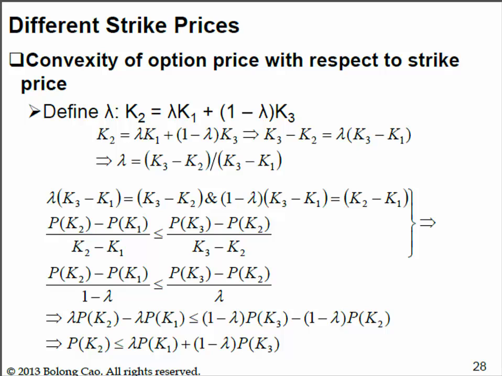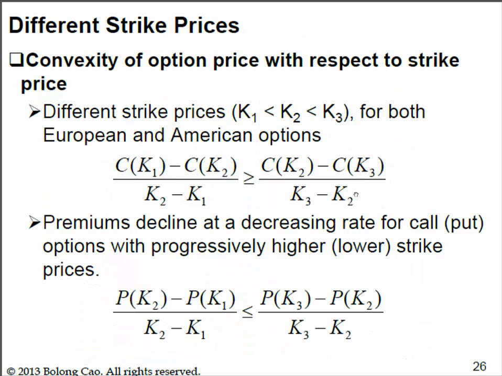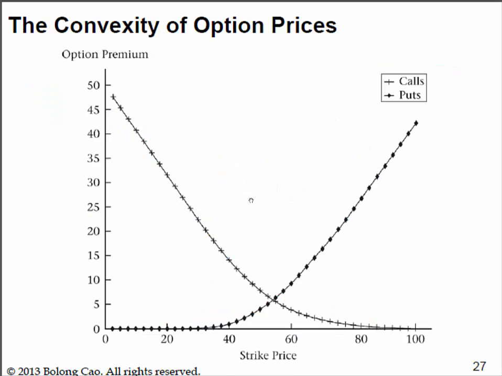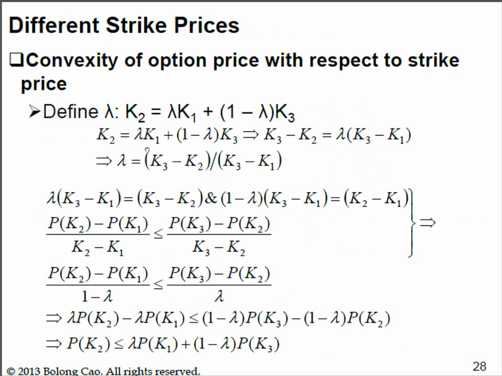Now, once that is set up, we can look at what we had before: K3 minus K2 and K2 minus K1. At least we want something like K3 minus K2, and from our formula we can actually get it. K3 minus K2 is lambda times (K3 minus K1). Lambda of the whole gap between K3 and K1 will be the difference between K3 and K2.